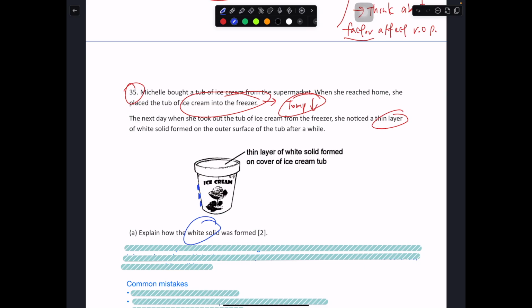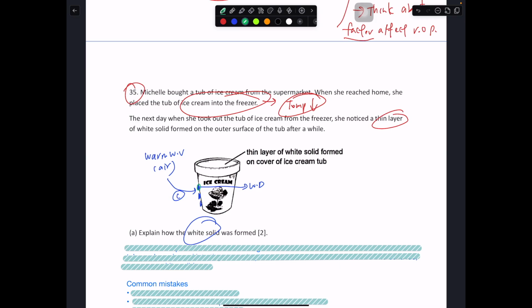Basically, for the white solid to form, in this case, you probably know that it is the warm water vapor in the surrounding air that touches this surface, starts to lose heat, then starts to condense into water droplets first. Then what happened to the water droplets?